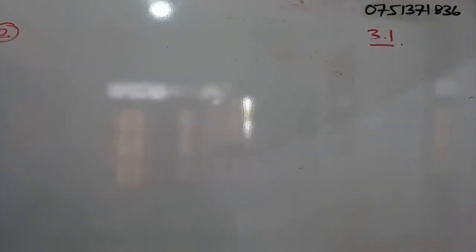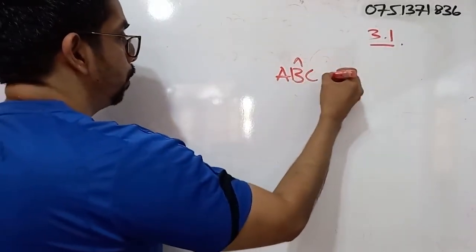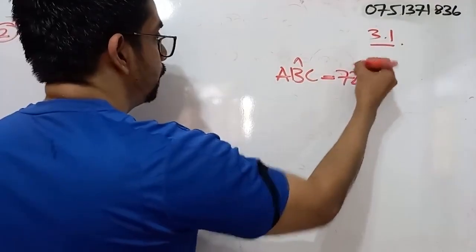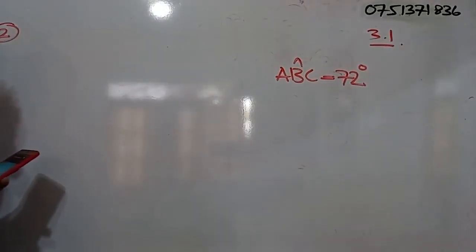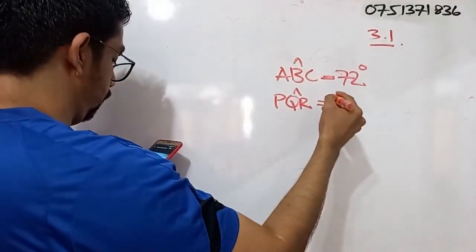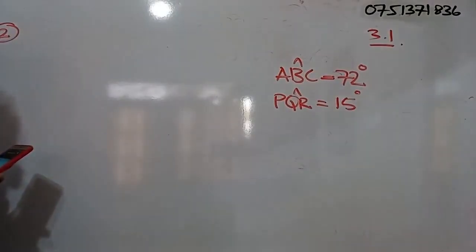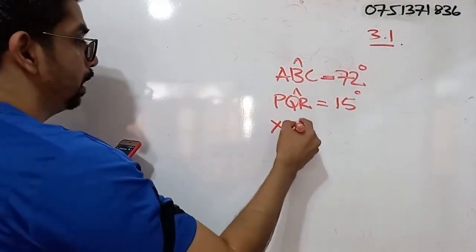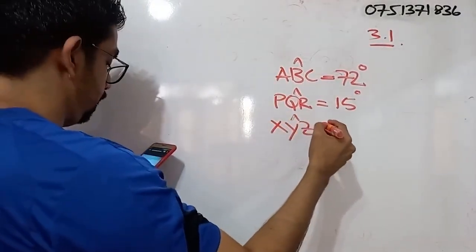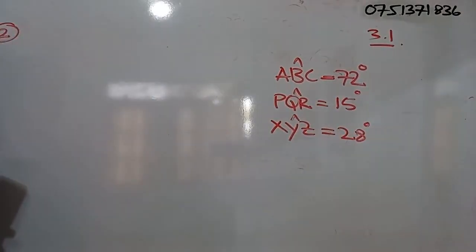From among the angles ABC, right? So if we take ABC, the angle is 72 degrees. PQR, that is 15 degrees, right? Then XYZ, which is 28 degrees.